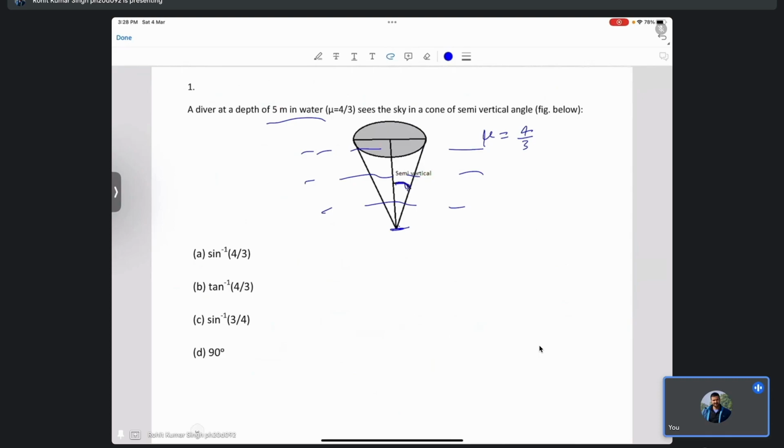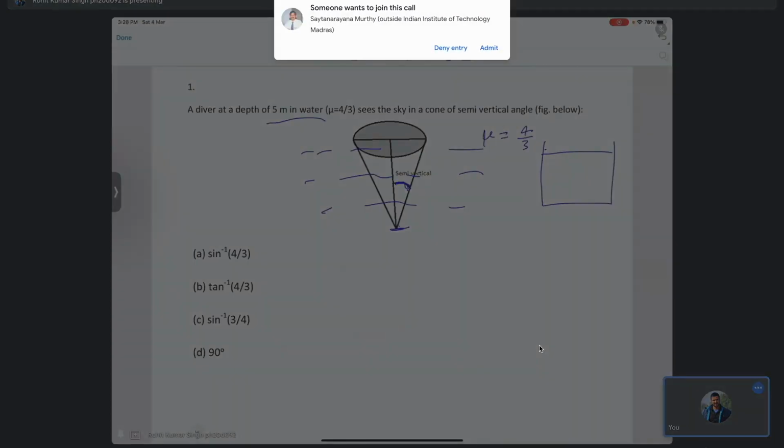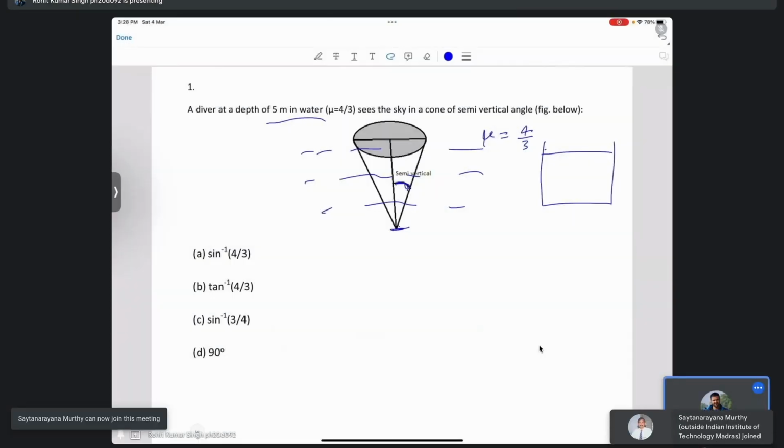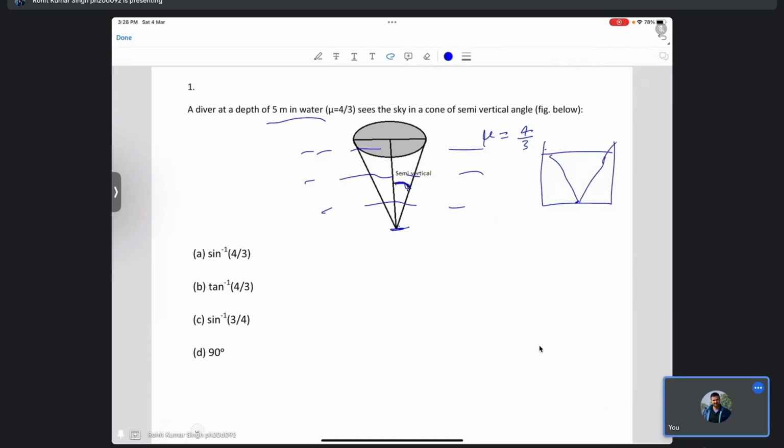So this type of problem I also solved in our last live session. There was a problem that there is a source of light here at the bottom of a bucket, and it is emitting light in all directions. So what is the surface area of the circle through which the light emits?